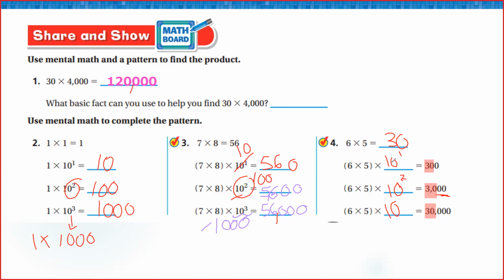Two or three? It's 30,000. It means it is 30 multiplied by what? By 1,000. So it's going to be 10 to the power of 3. Is it clear?